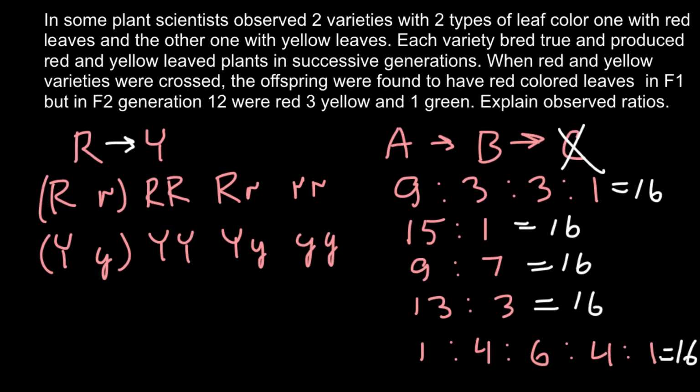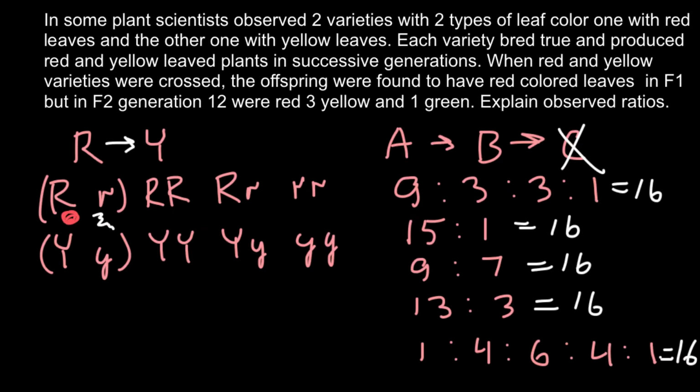Now let me talk about dominant and recessive alleles. So what does a dominant allele mean in this case? Dominant allele means that normal pigment would be produced, and recessive allele means that this is going to be a defective allele that wouldn't be perceived as a red pigment. So this would be misshaped and wouldn't perform normally in the leaves.